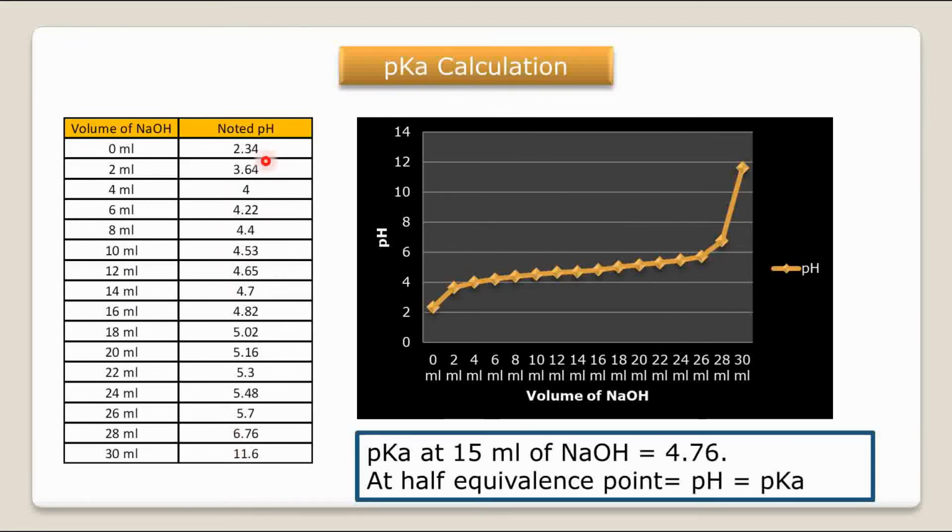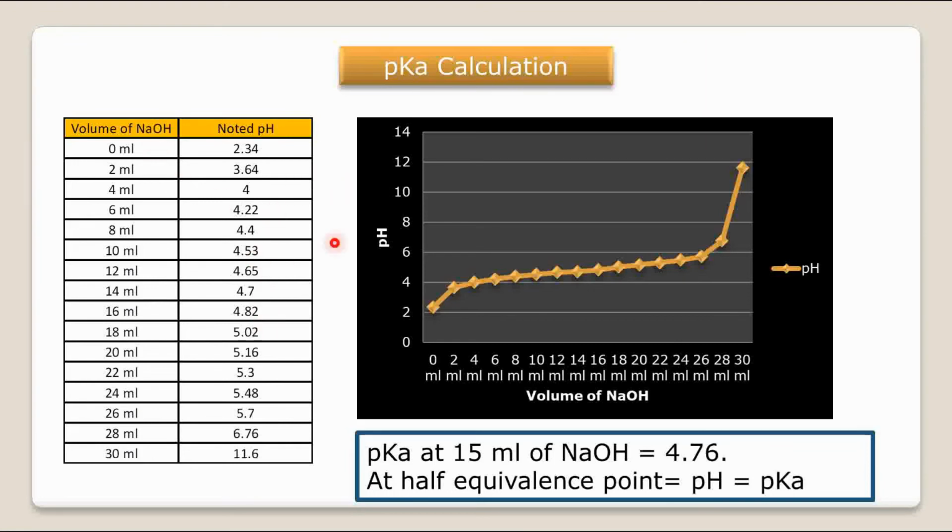Next, we are going to find out the pKa of acetic acid using the data that we got through titration. Here we can see the amount of NaOH we have added throughout the titration. It is in multiples of 2. Against that we can see the pH that we noted after each specific addition of NaOH.